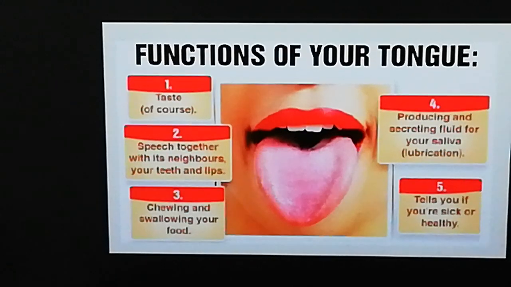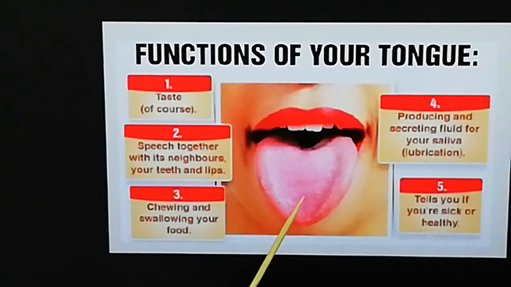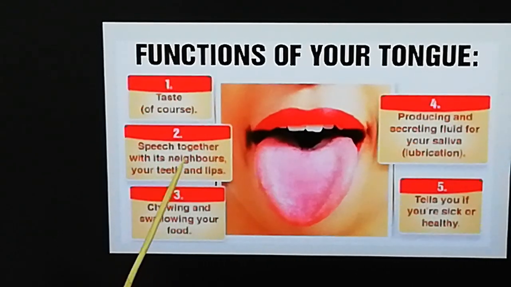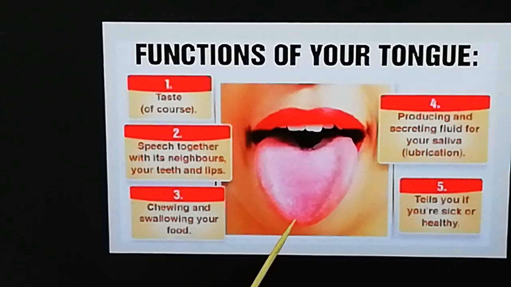If we talk about the functions of the tongue, yes, we know it helps us to taste different edibles and it helps us to speak properly. The third function could be it assists in swallowing and chewing our food.